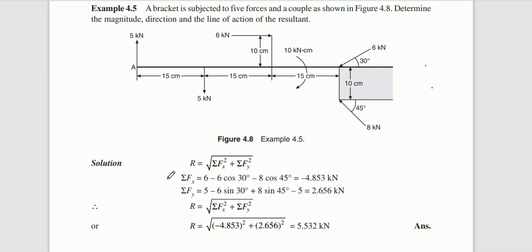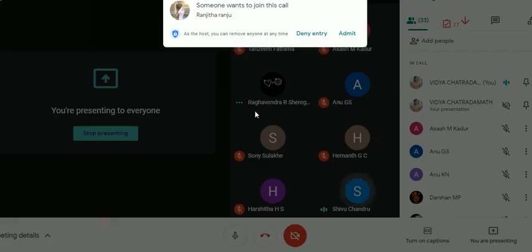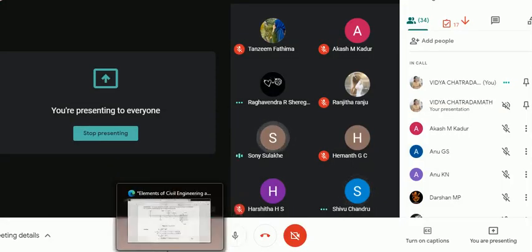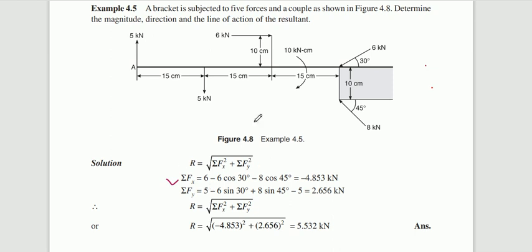First is summation of Fx. How many horizontal forces are there, including the horizontal component of the inclined force? 5. Horizontal forces, 2, ma'am. 3 forces are there. 2 inclined forces are there.